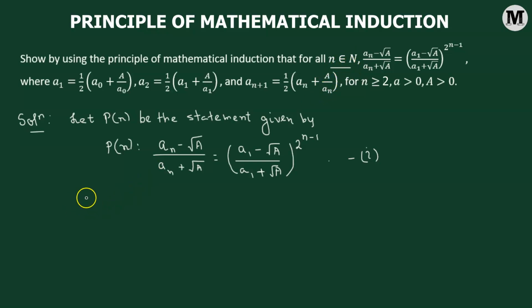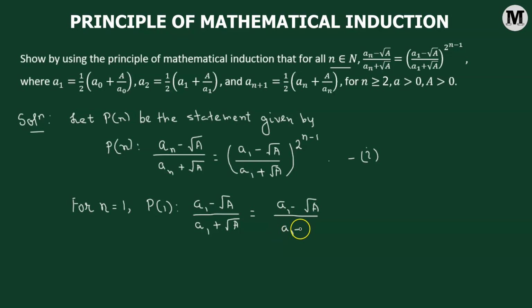First thing first, let's verify that this is indeed a true statement. We're going to consider the natural number 1. So for n equals 1, we'll have the statement P of 1 such that we have (a1 minus square root of a) divided by (a1 plus square root of a). Here we're replacing n with 1. This is equal to ((a1 minus square root of a) whole divided by (a1 plus square root of a)) whole raised to the power of 2 raised to the power of 1 minus 1.